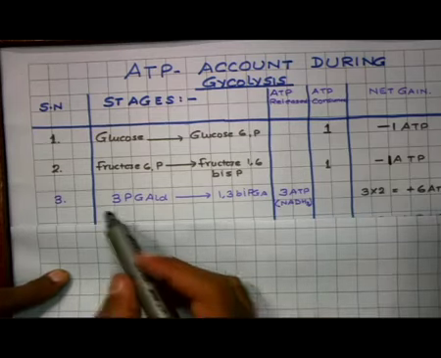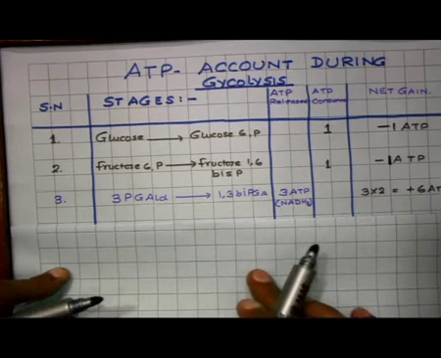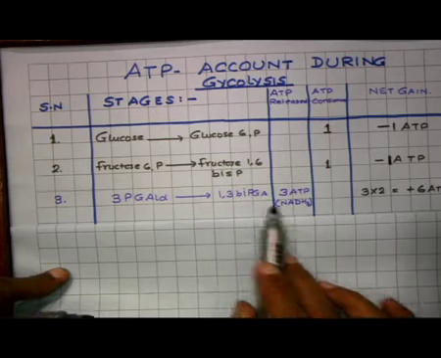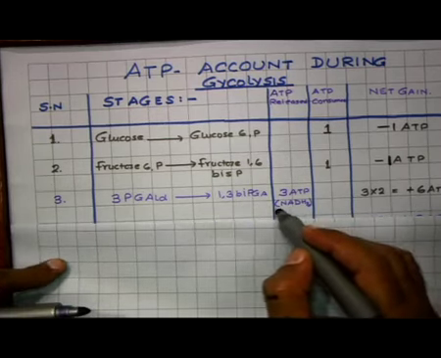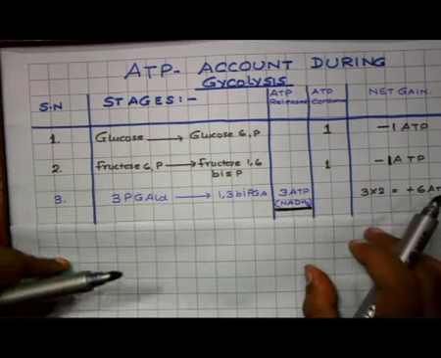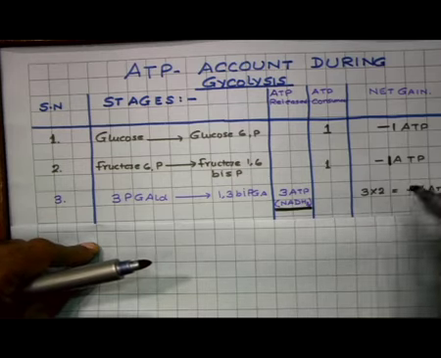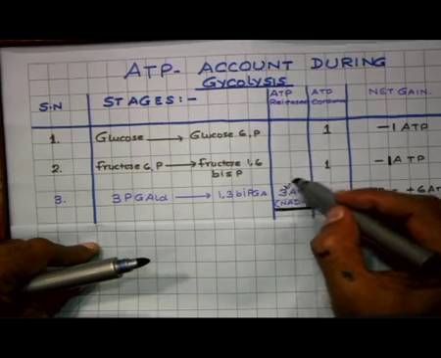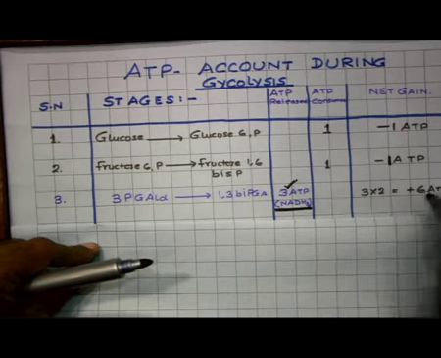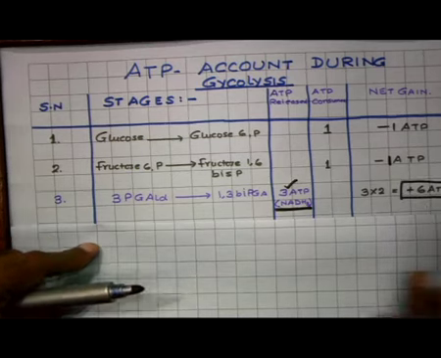We have already discussed that at the time of conversion of 3 phosphoglyceraldehyde into 1,3 bisphosphoglycerate, 2 molecules of NADH2 are released. As we will see later on, one NADH2 releases 3 ATP. So, 3 into 2, 6 ATP will be formed in the later stage of oxidative phosphorylation.